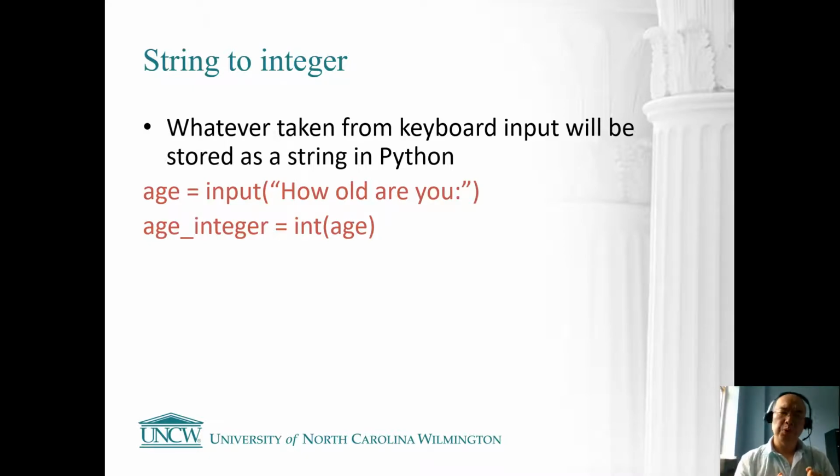That's not cool. I want to have the value as an integer. How can I do that? Well, just now I said I can force data from one type to another type. This is called casting, and I can use casting again. I'm forcing the age from a string to be an integer. So I can cast the age to an integer.